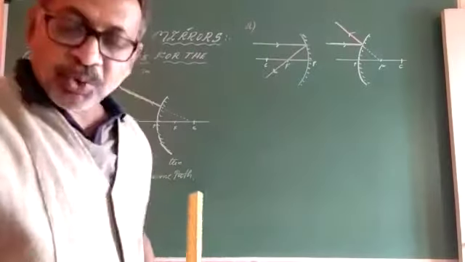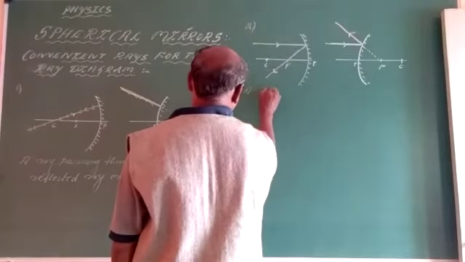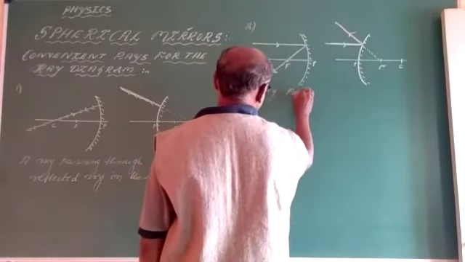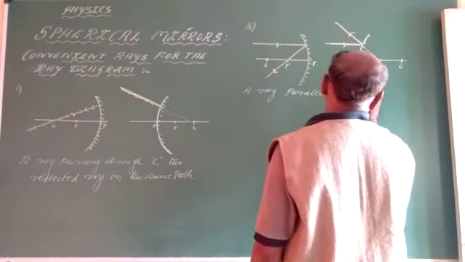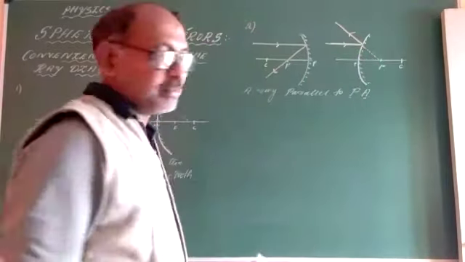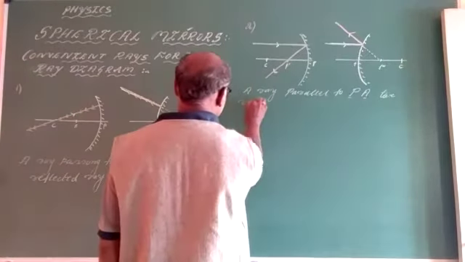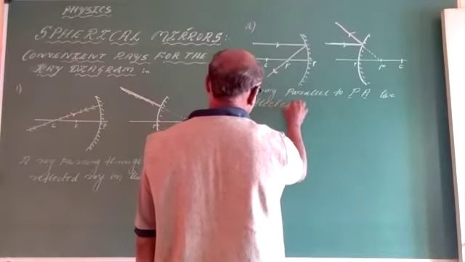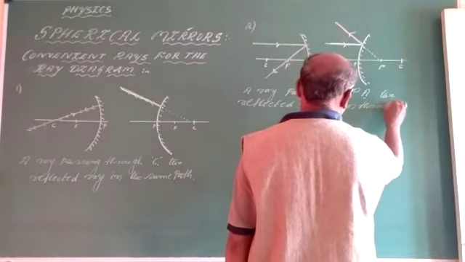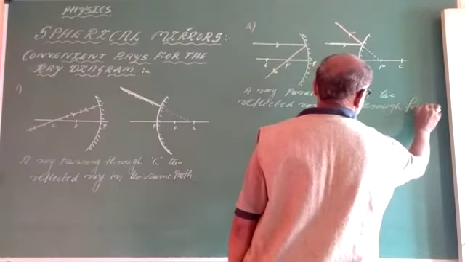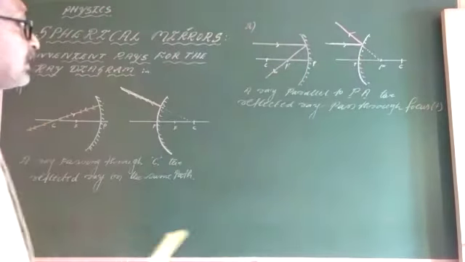So what is the point here? The incident ray parallel to the principal axis, PA, and the reflected ray passes through the focus, that is F. So this is the second part.